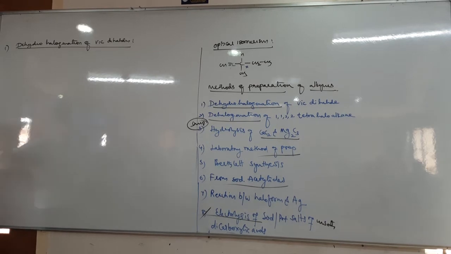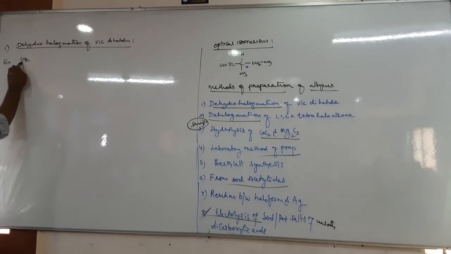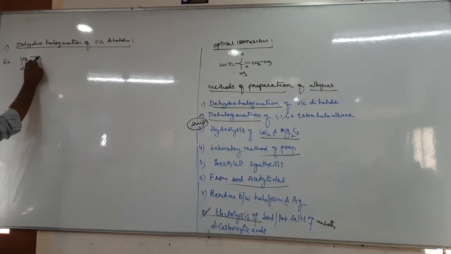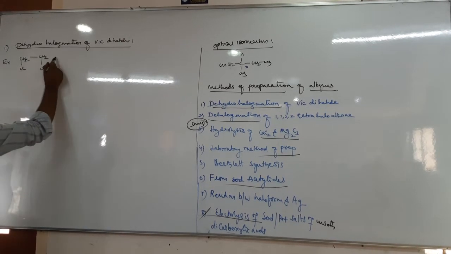If halogens are present on the same carbon, that is called geminal or gem dihalide. Okay, now let us take a vicinal dihalide. This method we have studied in preparation of alkene. Here alkyne can also be prepared, but the difference is there we take monohaloalkane, here it is dihaloalkane.